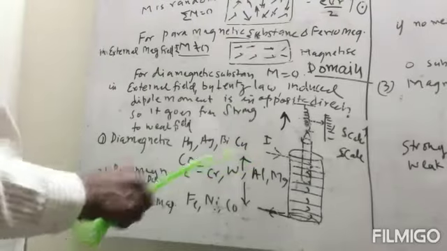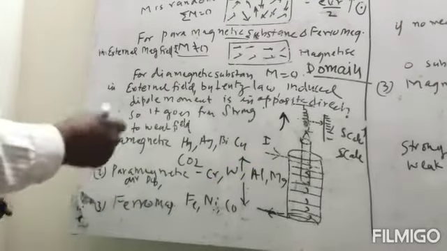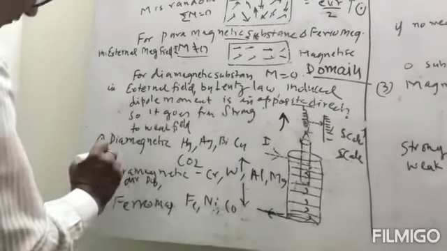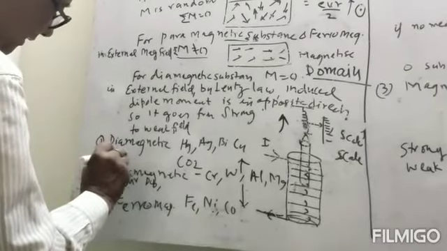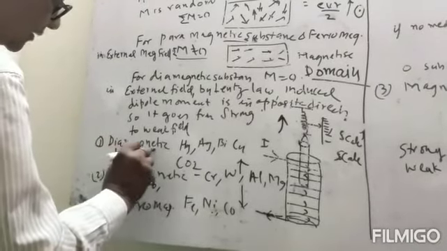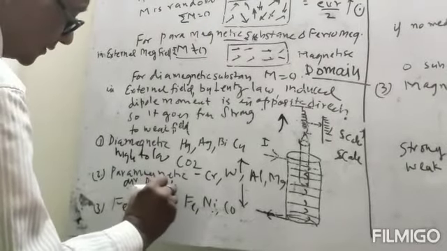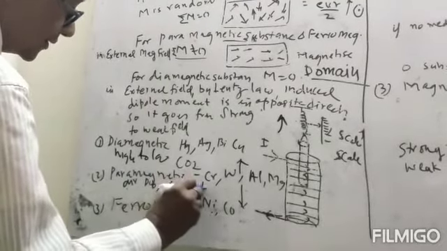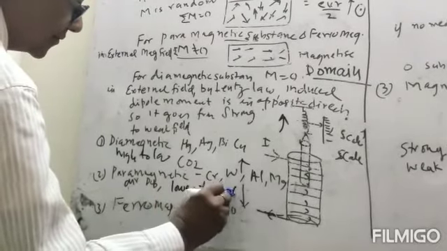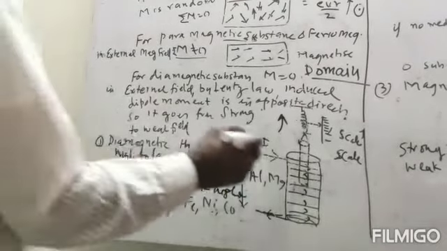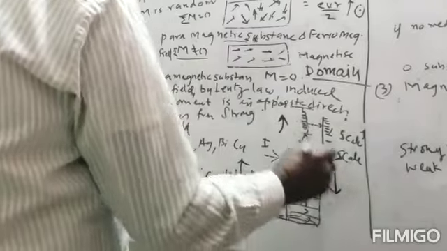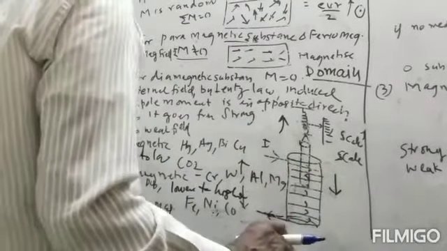A diamagnetic substance will go from higher magnetic field to lower, while a paramagnetic substance will go from lower to higher magnetic field. So the pointer will come downward for the paramagnetic substance.